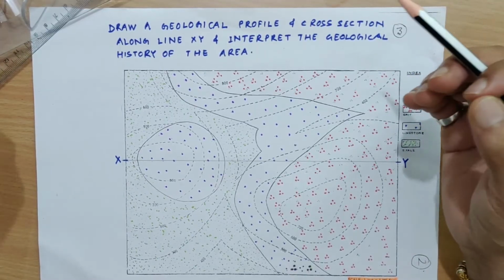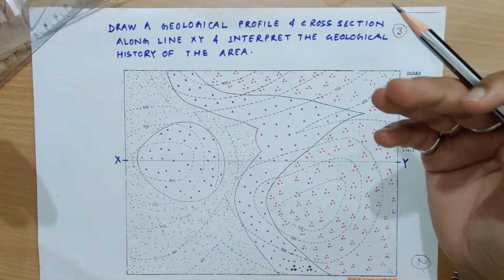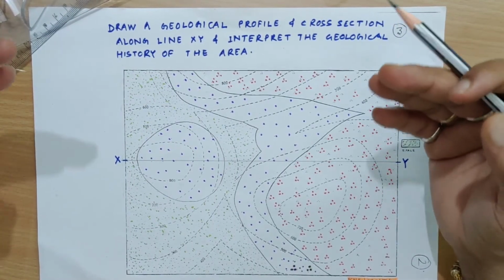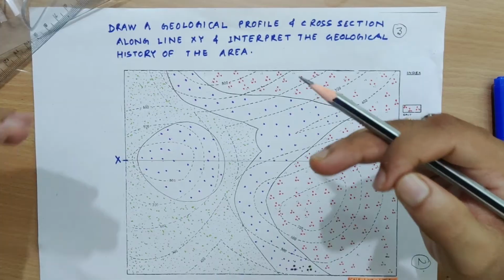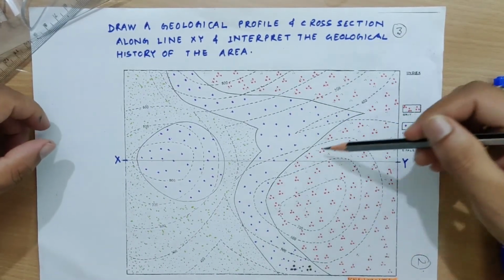Now let's try to know what is the nature of the beds. If we see that contour lines are intersecting one particular trace, and more than one value of contour line is intersecting that one particular trace.